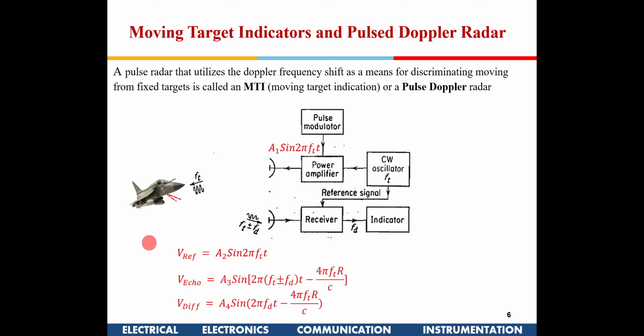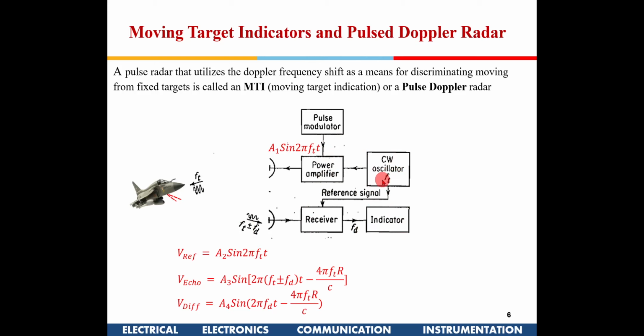So the ATC controller, or whatever the system is, if it's an onboard radar, you are not really bothered about stationary targets. We are more concerned with targets which are moving. So that is the reason we have to try and distinguish between the echoes received from stationary objects and those from a moving object.